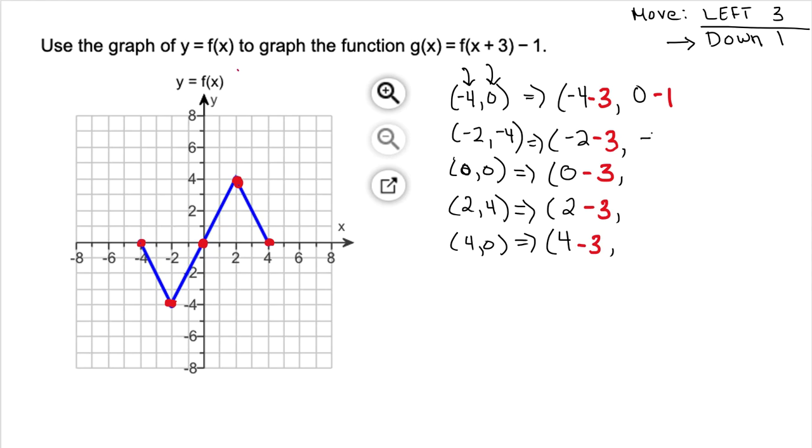Next, I had a negative 4, and I'll subtract 1 from that. Then I had a 0, and I'll subtract 1. I had a 4, so I'll subtract 1. And then a 0 for the last y coordinate, and I'll subtract 1 from it.